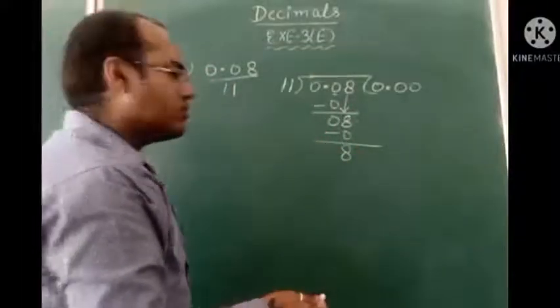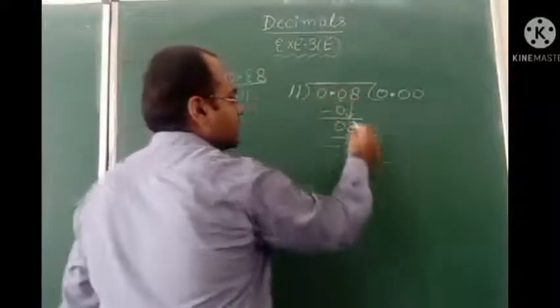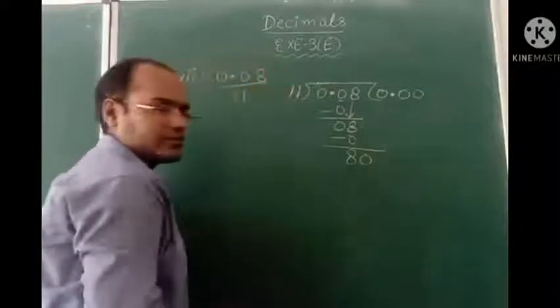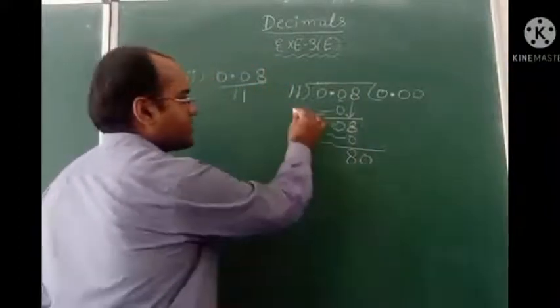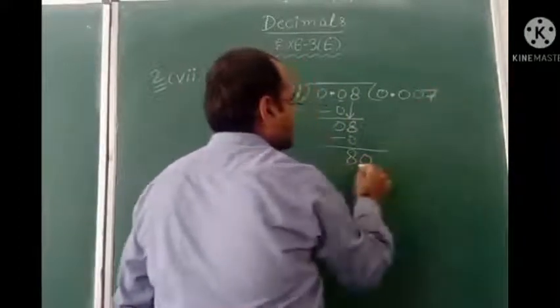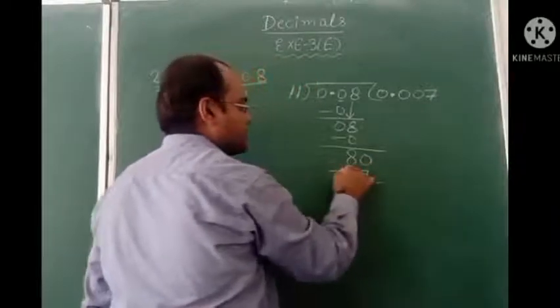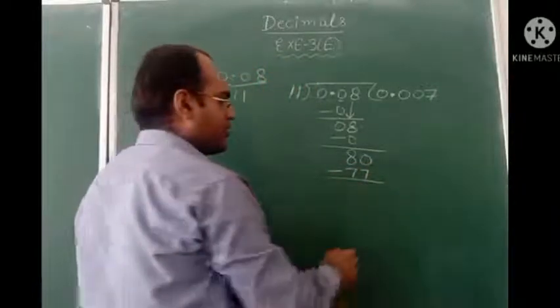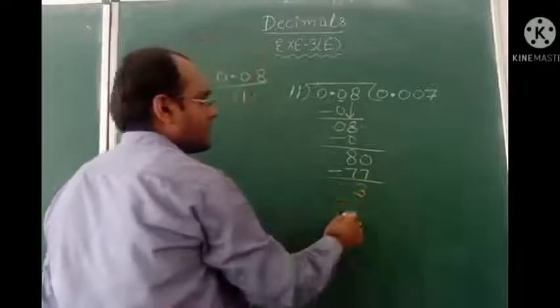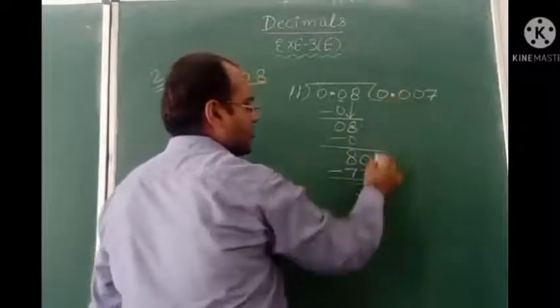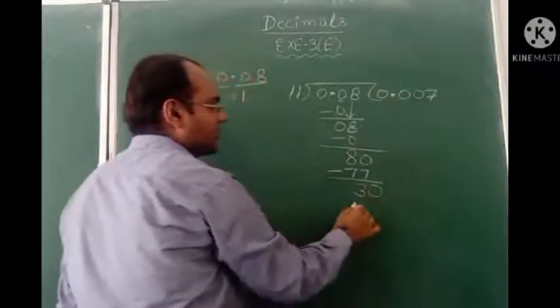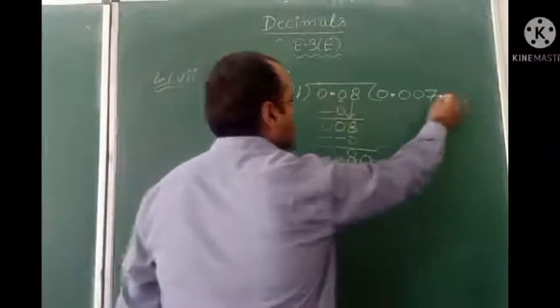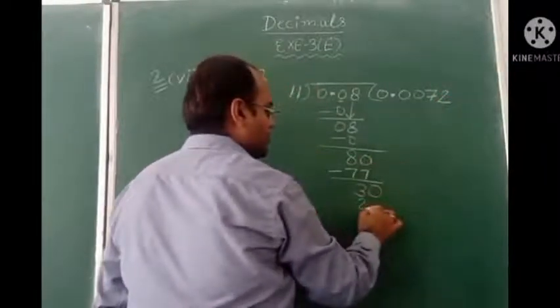Now what we will do? Because of this decimal, we will take here 10. Now this is 80. 11 7s are 77. On subtracting it, we will get the remainder 3. Now decimal is there, so in the remainder we can add 0. This is 30 now. 11 2s are 22.